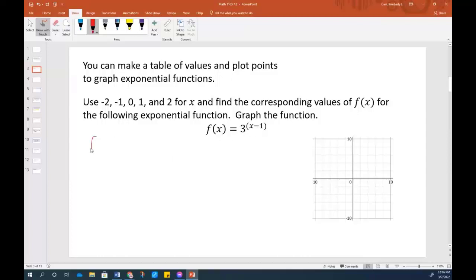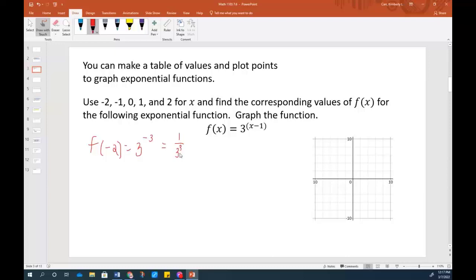So if I plug in -2, then I will get 3 to the, well, -2 minus 1 actually becomes -3. Now, you may or may not know this, but a negative exponent is the same as saying it should have been on the other side of the fraction bar. So this is 1/3 to the third.